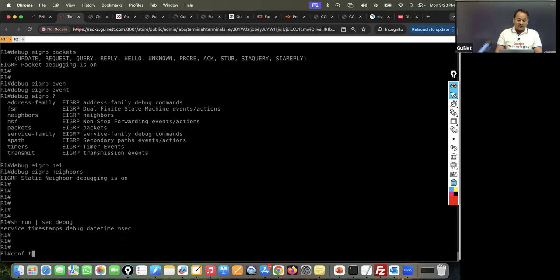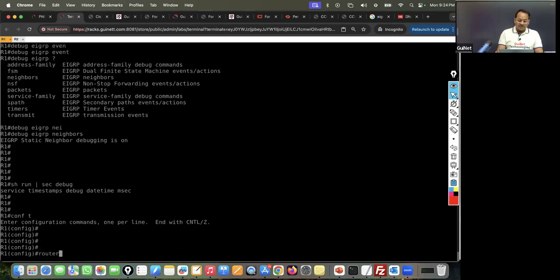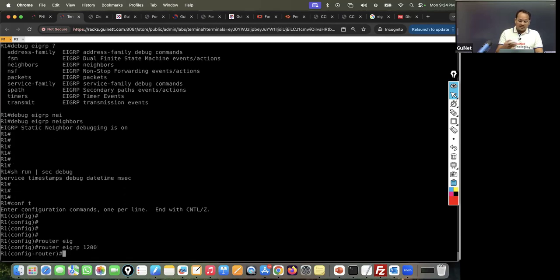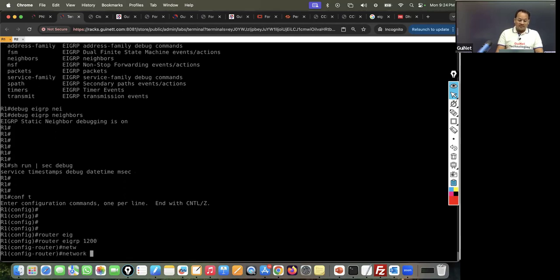Now let me go and configure the EIGRP. So I'll go again here, router EIGRP 1200, and I will just put the network now. Network 172.16.10.0 and done.